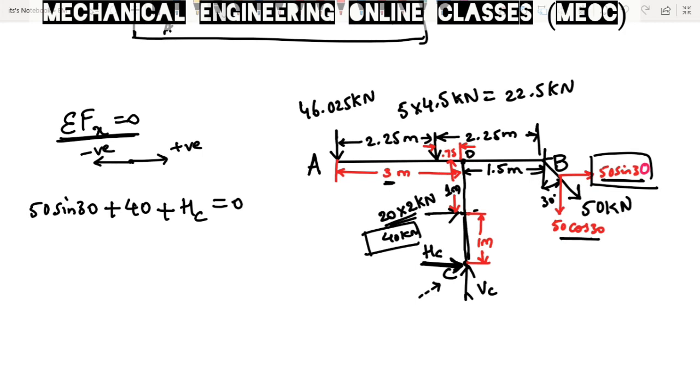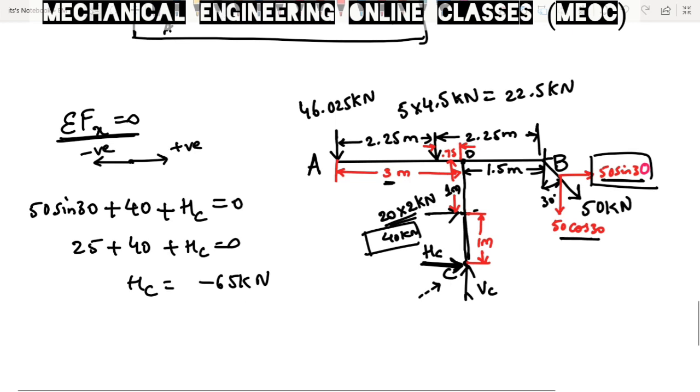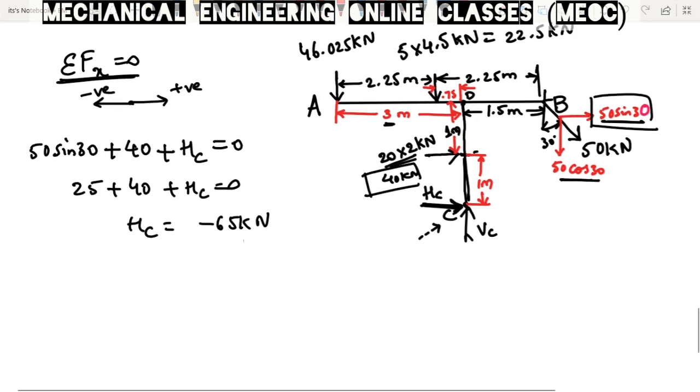So 50 sin 30 is 25, plus 40, plus HC is equal to 0. So HC is equal to minus 65 kilonewton. So we got a negative answer. That means the assumed direction is wrong. Wrong means it is only opposite. We don't have to recalculate anything.